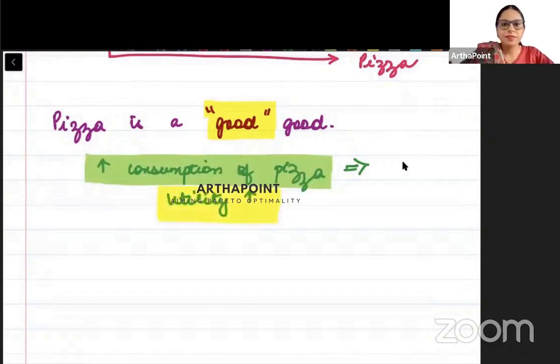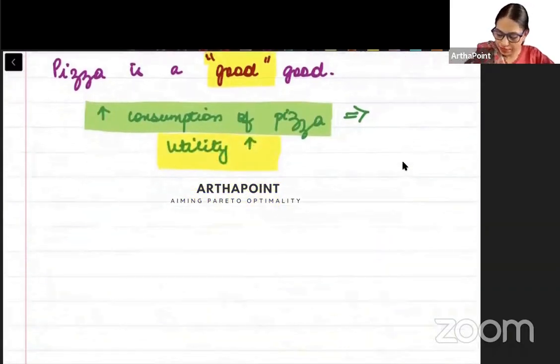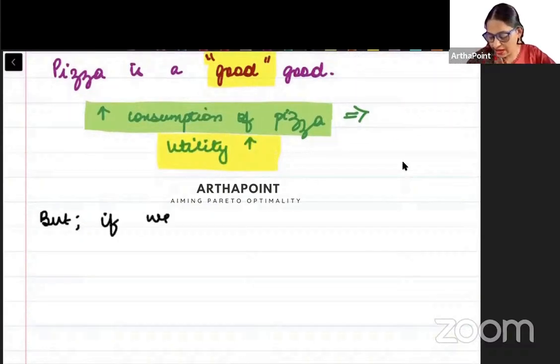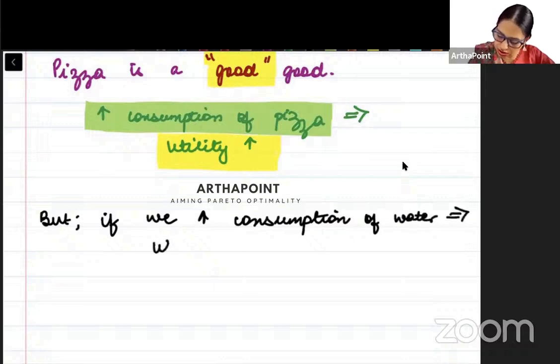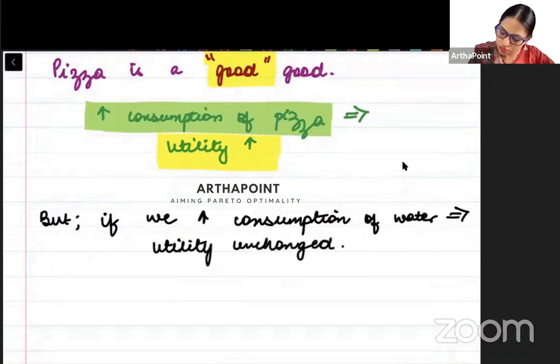ठीक है जी. But if we increase the consumption of water, utility is unchanged. अगर वाटर का कंजम्पशन इंक्रीज करते हैं, then the utility will not change.